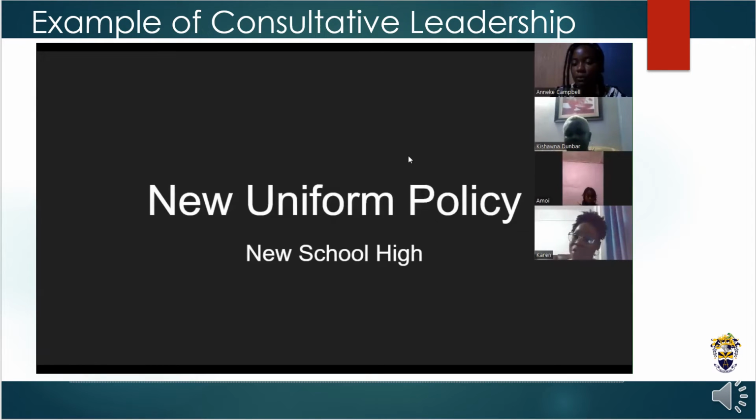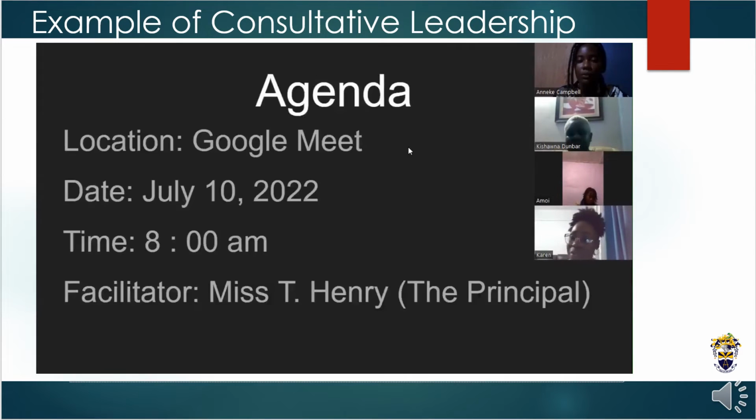Maybe it would change the look of the student, yes, but I'm not convinced that it will necessarily change the behavior of the student. I think we have to look at other areas in terms of behavior and attitude, but it won't change the look. It will only change the look.